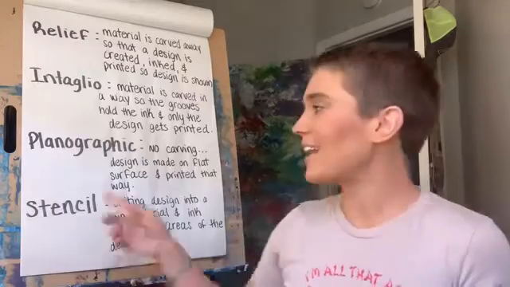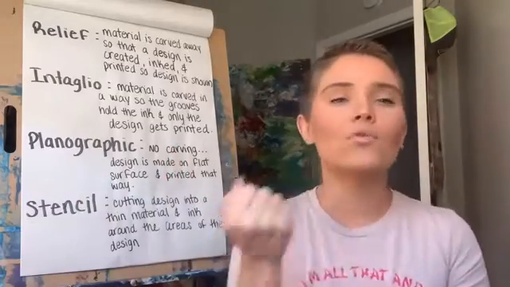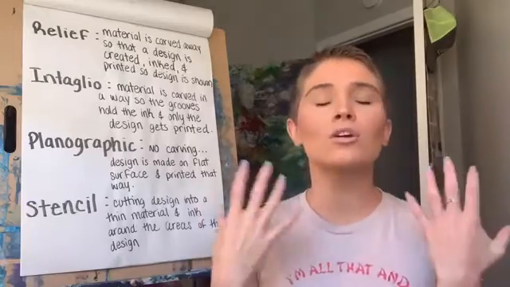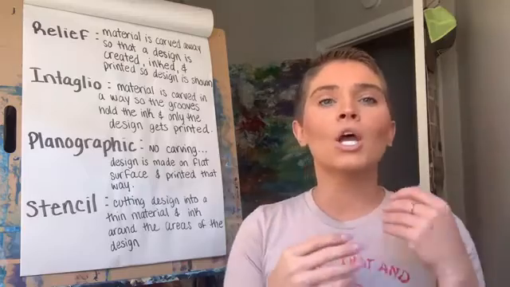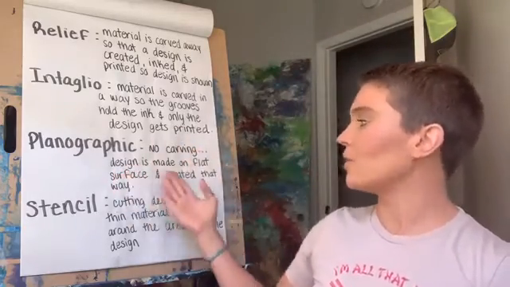In Planographic Prints, you have no carving. You're not removing any of your material or getting rid of any of the material. The way that you're affecting the surface of your plate or your block is by using your design and keeping it flat on the surface.